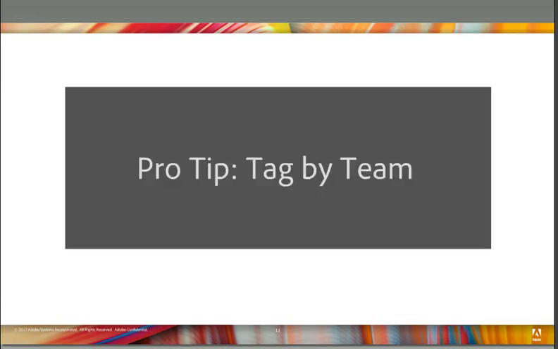Also, we have the ability to do some tagging. Tagging is something that we've seen used in all sorts of different ways. One of the ways that we've seen is to tag calculated metrics by team. For example, oh, I thought I had a screenshot. I don't. You can tag the marketing team.